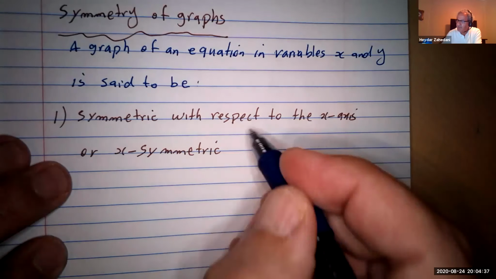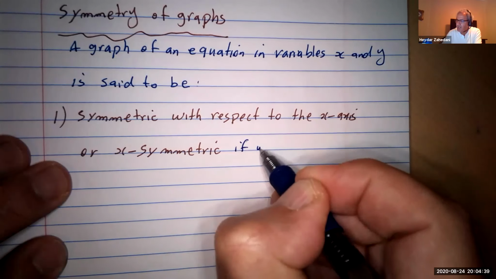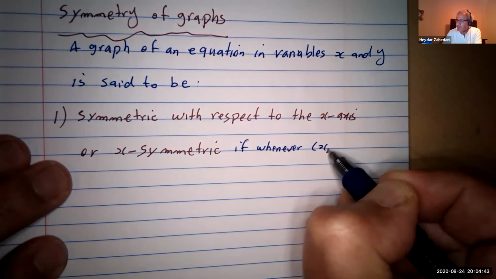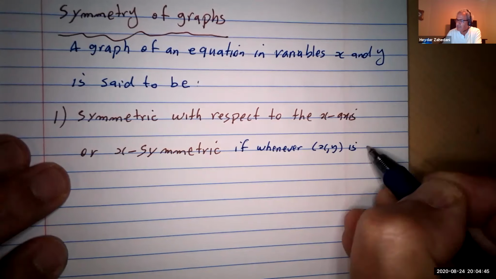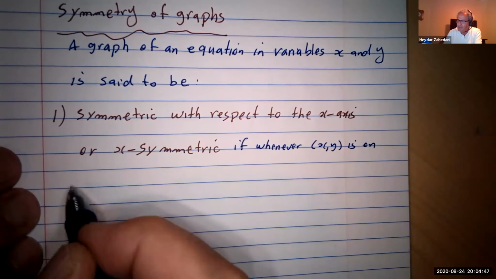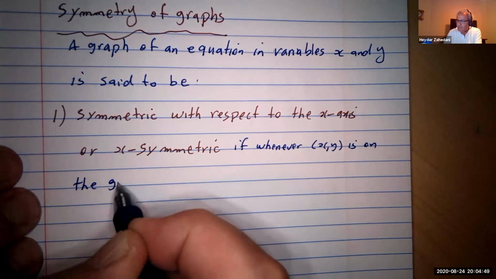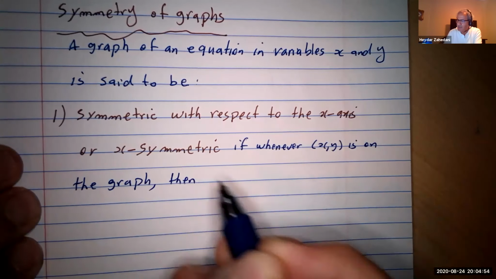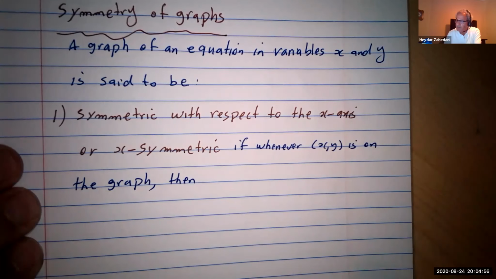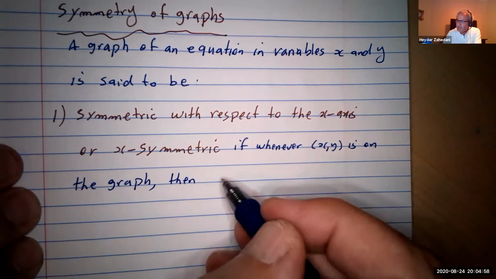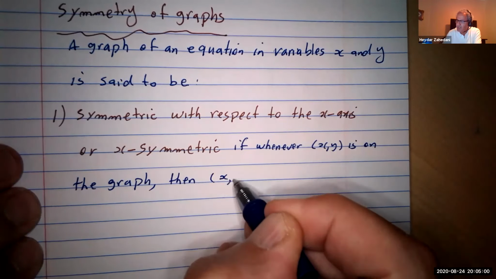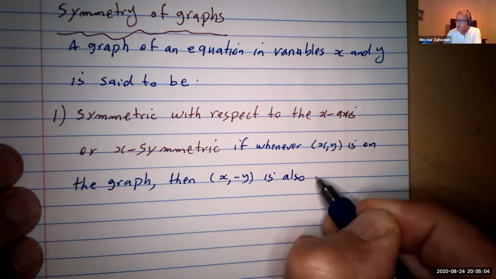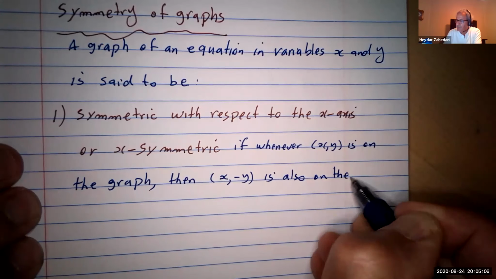This is it: whenever x comma y is on the graph, then you see you go up and down. So if you go up and down, then the point x comma negative y is also on the graph.